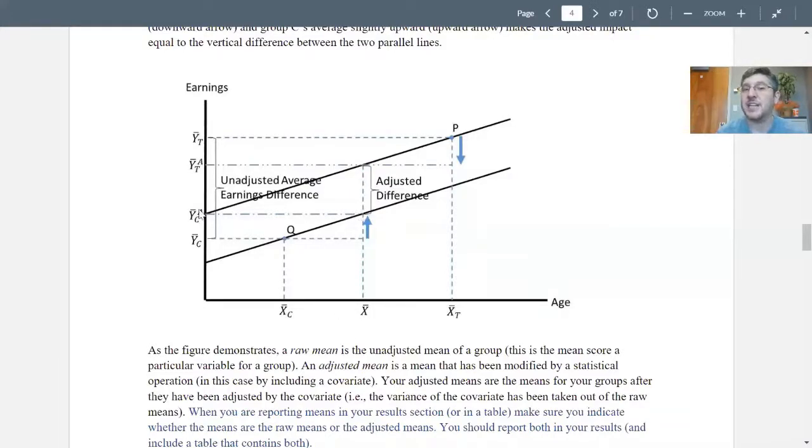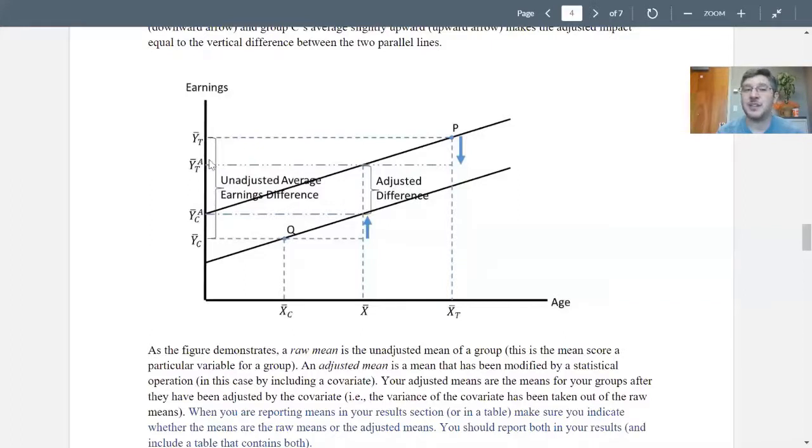In analysis of covariance, we're adjusting groups based on the average covariate, and then we're assessing differences between these adjusted means. So these are our adjusted mean differences. This would be the expected difference in earnings if everyone in both groups were the same age.